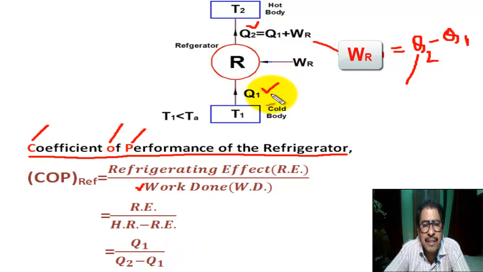Refrigerating effect means heat extracted or heat removed from the cold space, from the cold body, Q1. So COP of refrigerator equals Q1 by Q2 minus Q1.